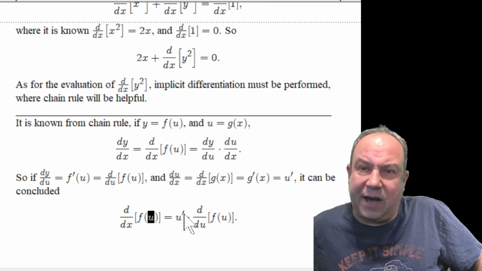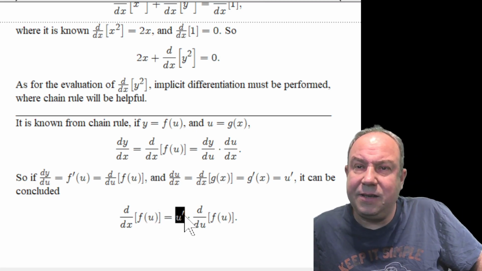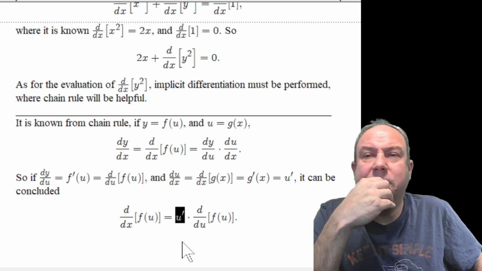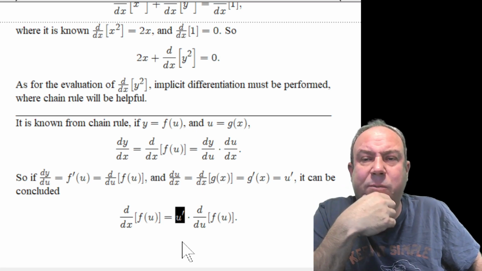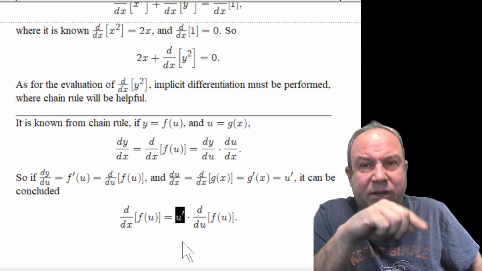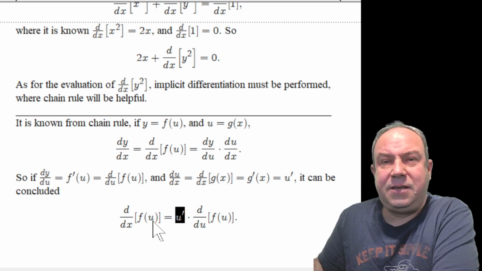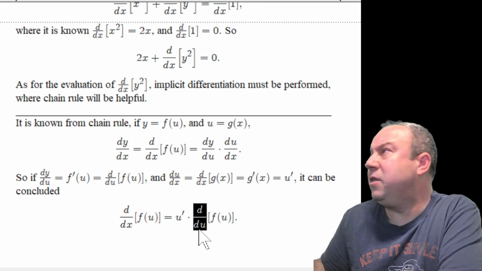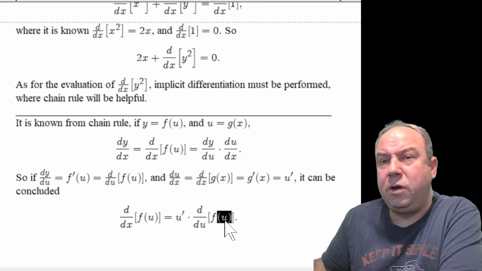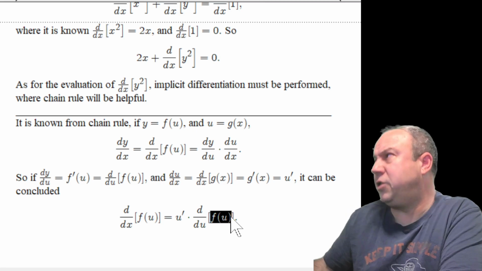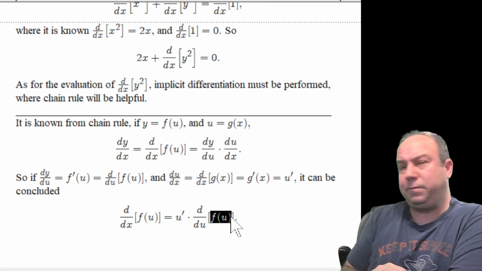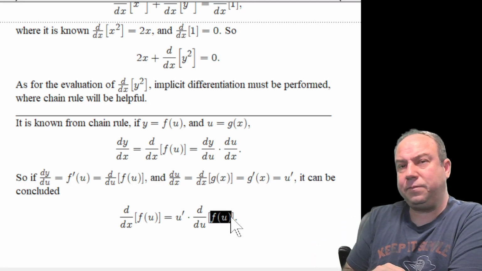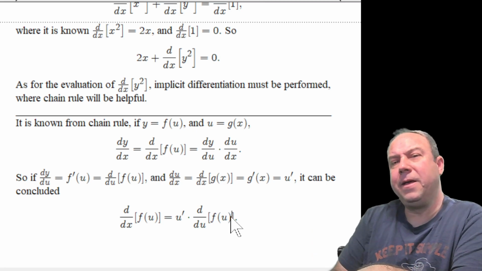And what we can find is that its result is going to be equal to the derivative of that dummy variable u with respect to x, times the derivative with respect to u of that function expressed in terms of u. All right.